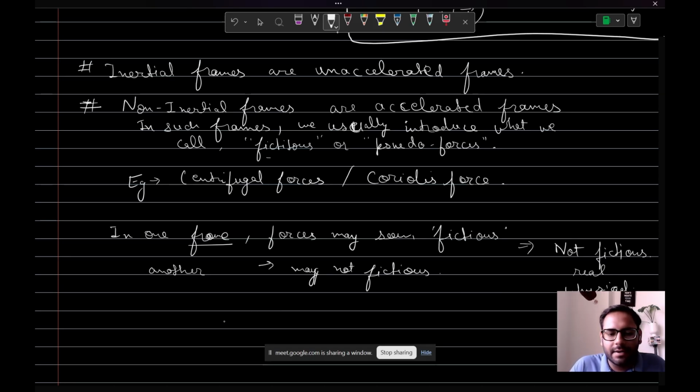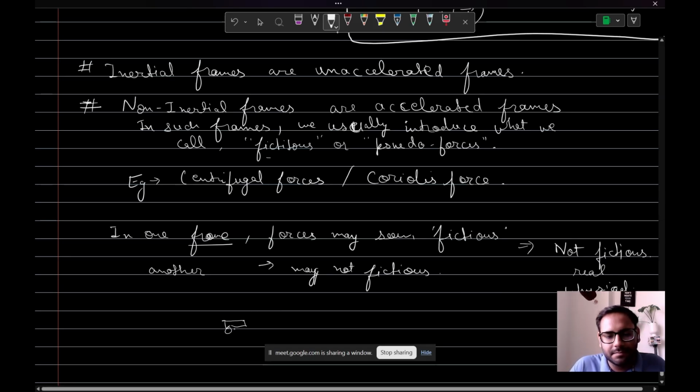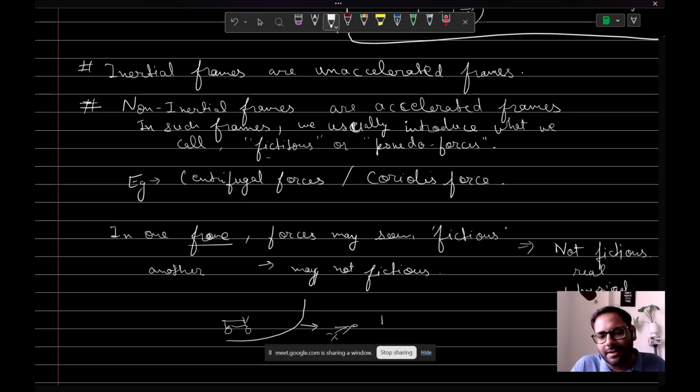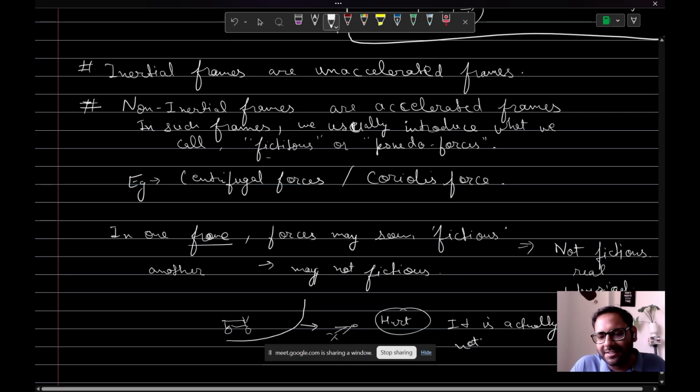If you are riding a bike, suppose, on a curved road and you feel a centrifugal force and you fall and get hurt, you will say it is actually not fictitious because you have felt the pain physically.